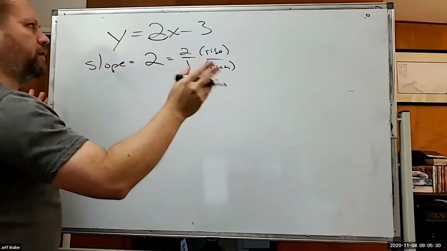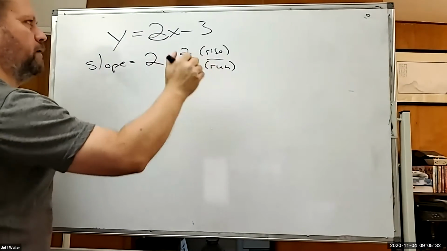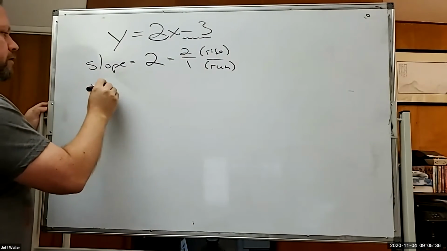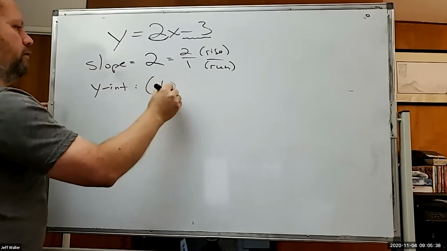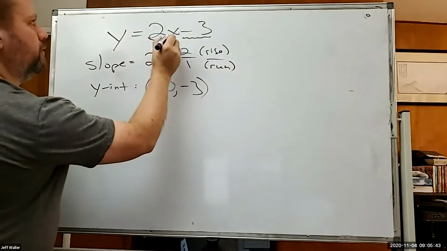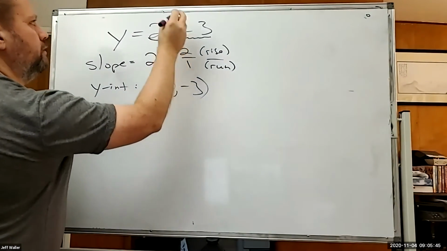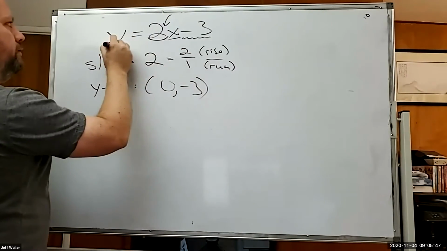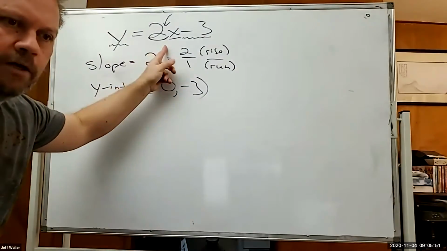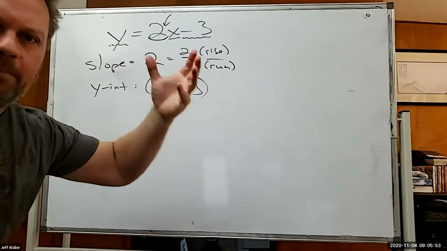Because m is in front of the x, 2. And another way to look at this is, stay with me now. If I start at -3, because that's going to be my y-intercept, will be 0 and -3, correct? Every step in the x direction is doubled in the y direction. Isn't that what slope means? That's why the number that goes here, I actually call it the amplifier.